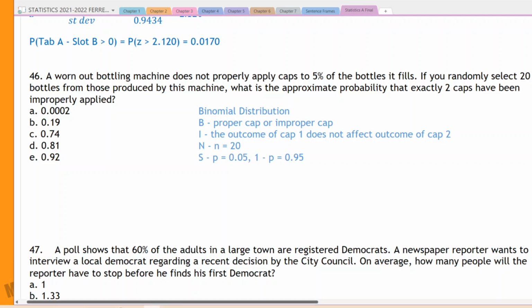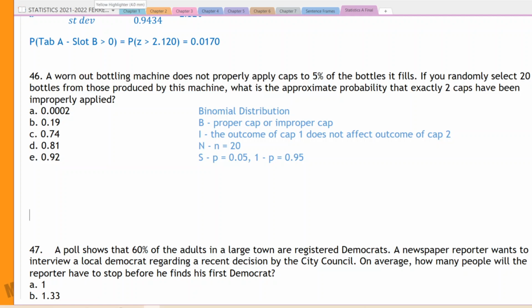And for same probability of success, this one we have to put our mind at work, because success now is going to mean that an improper cap has been applied. So success is going to have a probability of 0.05, and failure, a properly fitted cap, is going to have a probability of 0.95. So this does seem like we have a binomial distribution.